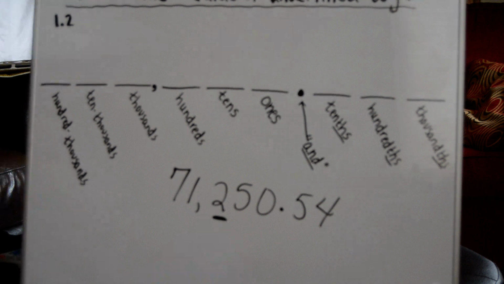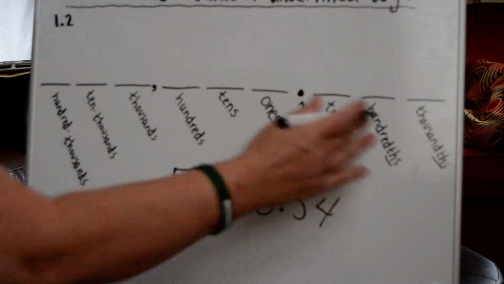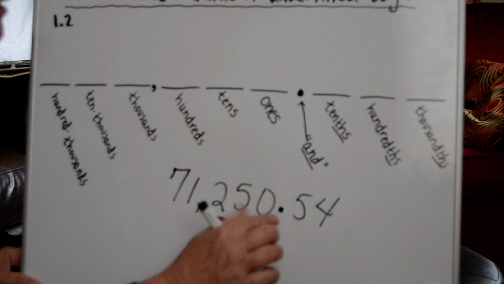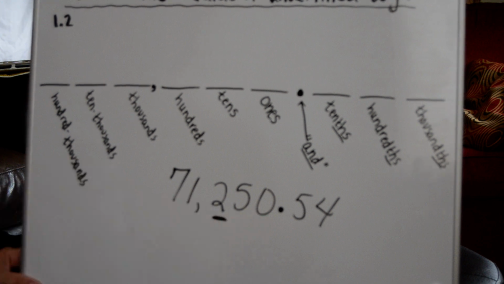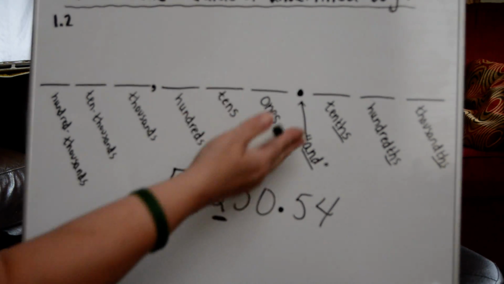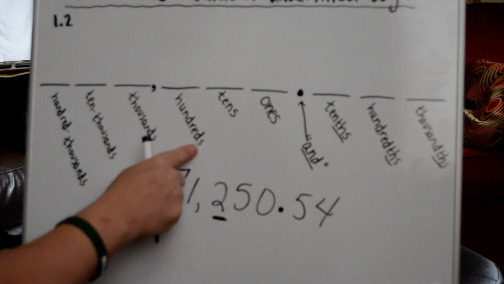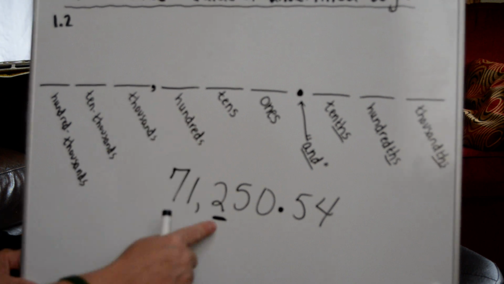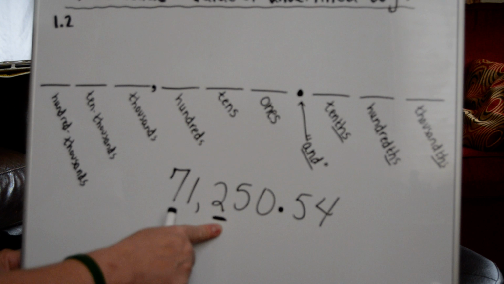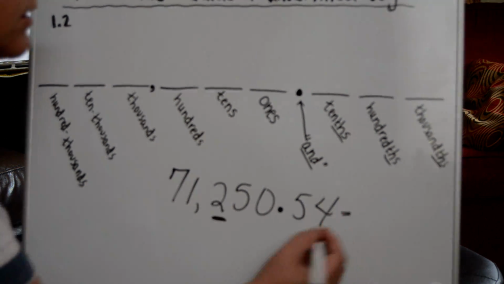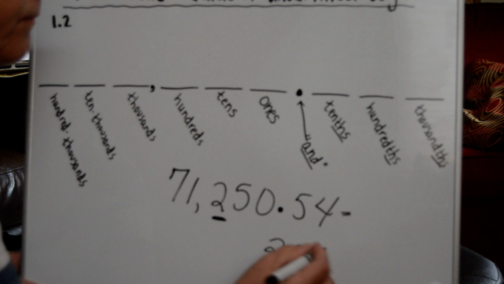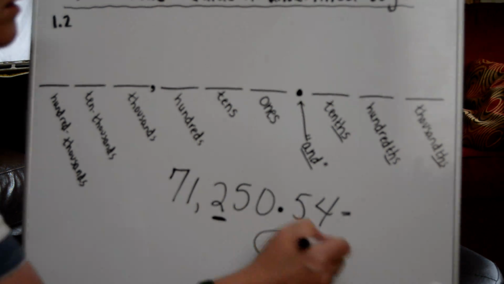They would want me to state what is the value or how much is that 2 worth. Well, I can go back to my place value chart, and if I take a look at the decimal, this is 3 digits to the left of the decimal. I can look at my chart, 3 digits to the left of the decimal is the hundredth spot. So the value of that underlined digit is 200. That digit is worth 200.